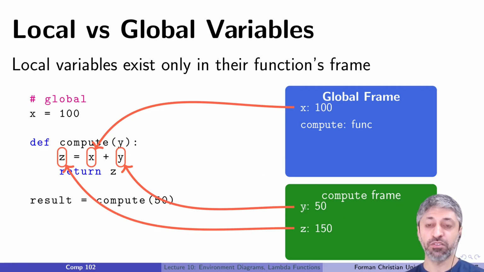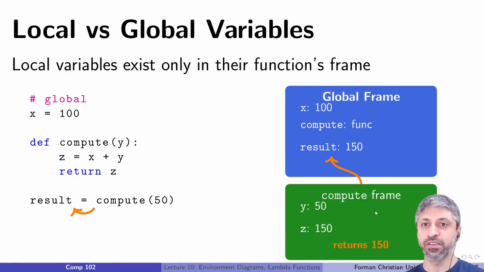Since we cannot find the value of x in the function frame, we have to go up and search for that in the global frame. Can we find the value of x in the global frame? Yes, sure we can. So then we get the value, we add the values of x and y, and that's going to be the result, which we store, again, inside the function frame, which is the compute frame, right?